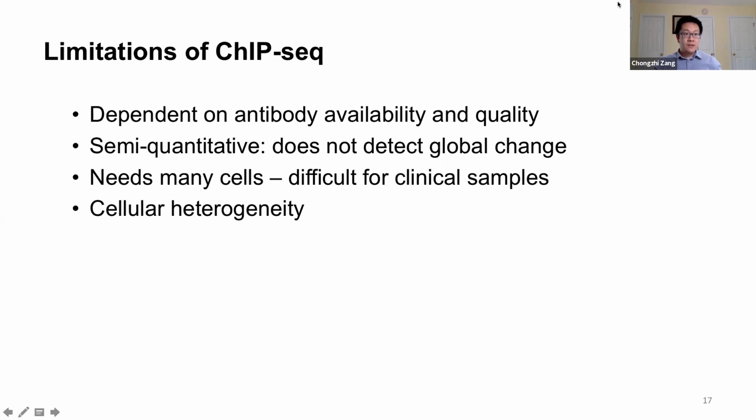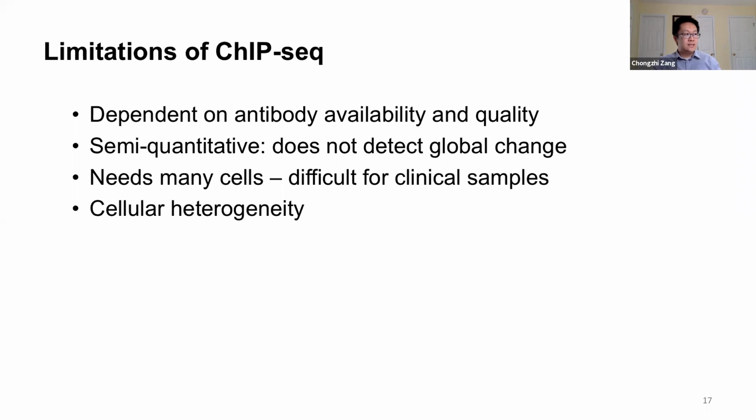Nowadays most transcription factors have ChIP-seq data available, which means antibodies are available. For some other proteins we're interested in, high quality ChIP-seq data might be limited due to the lack of a high quality antibody. If the antibody doesn't work, there's not much we can interpret even if you do the experiment.